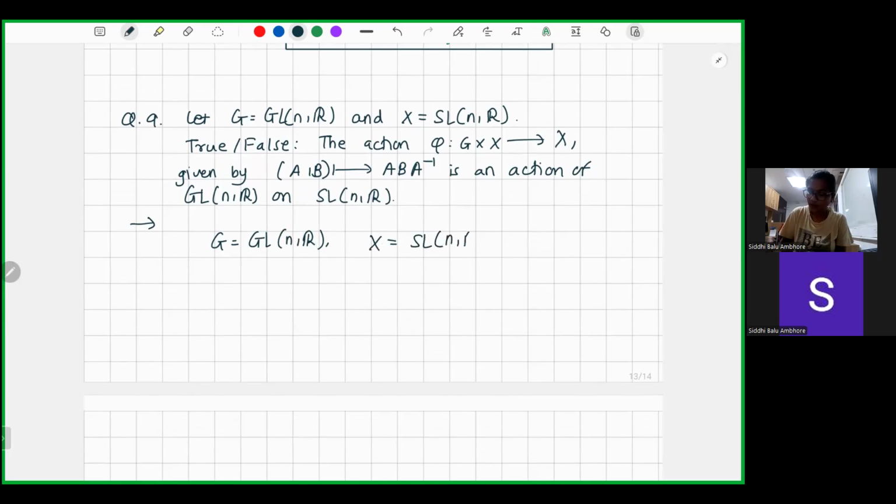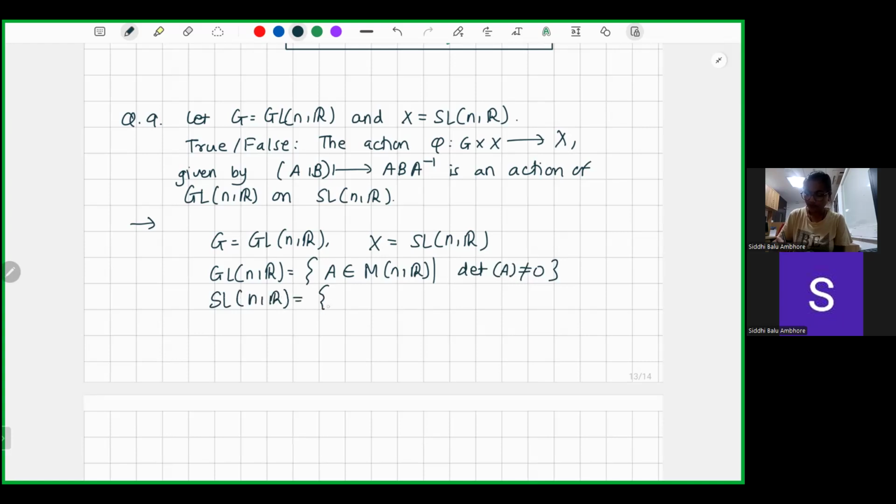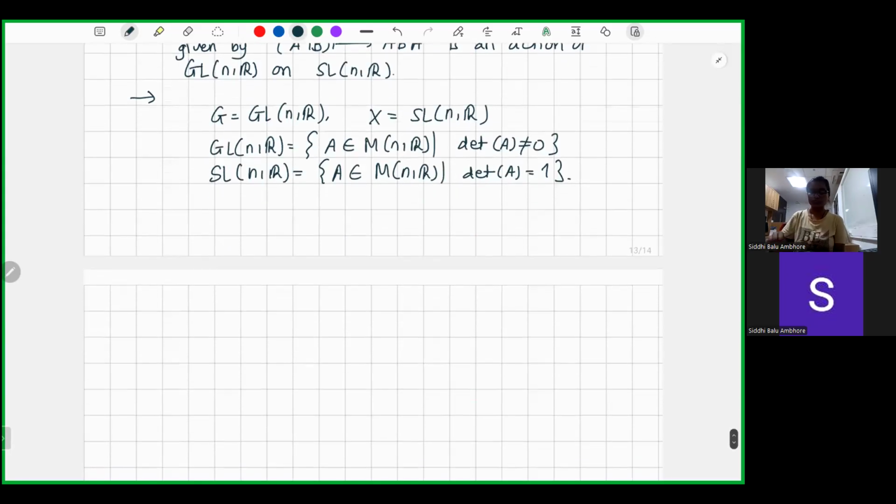I hope you all know what SLNR is. GLNR is all the invertible matrices, that is, A in MNR such that determinant of A is non-zero, and SLNR is all those matrices such that determinant of A is 1.